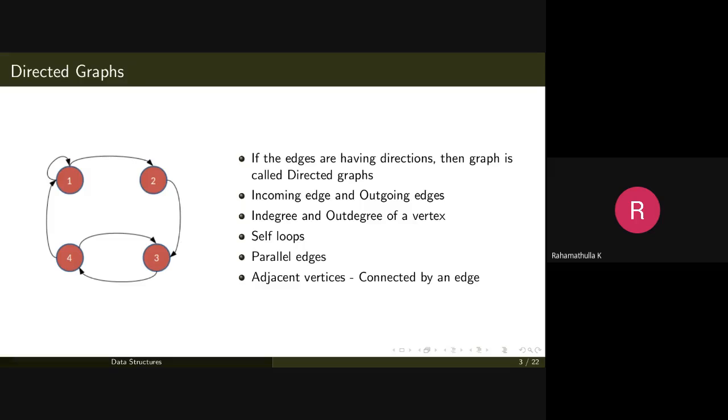Next, we look at different terminology related to graphs. First, we'll take the directed graph. If the edges of a graph have directions, then we call it a directed graph or a digraph.